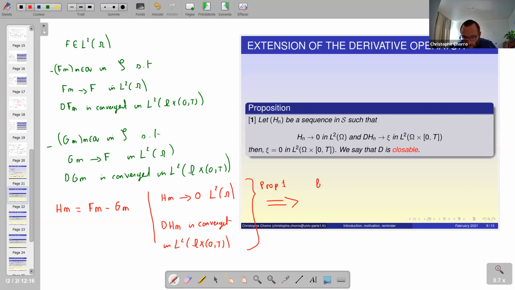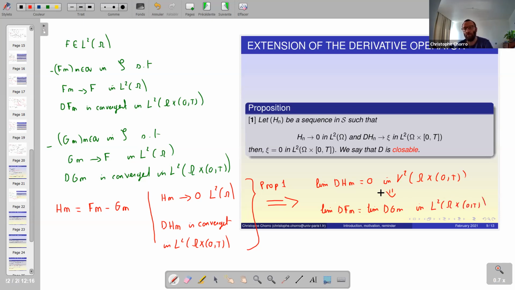So the limit of D of Hn is equal to 0 in L2 of omega times 0 capital T. And this implies that, since the limit of D of Hn is the difference between the limit of D of Fn and D of Gn, the limit of D of Fn is equal to the limit of D of Gn in L2 of omega times 0 capital T.